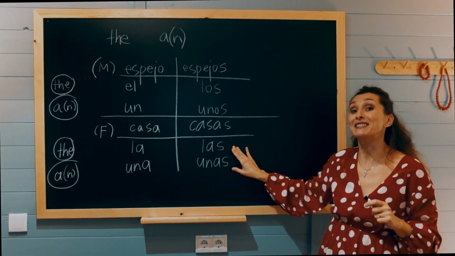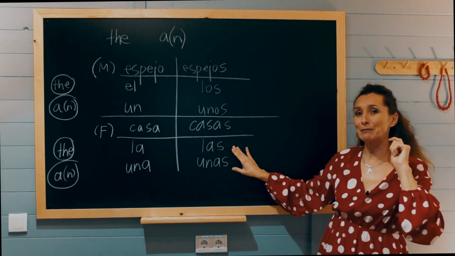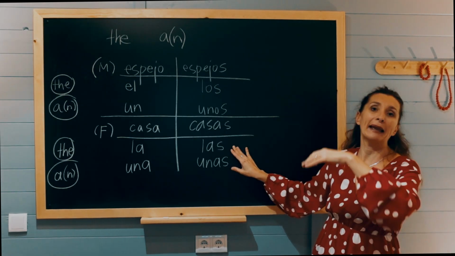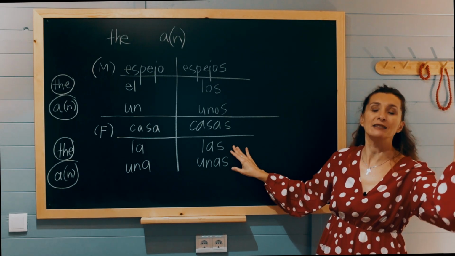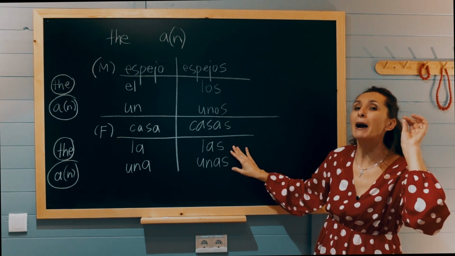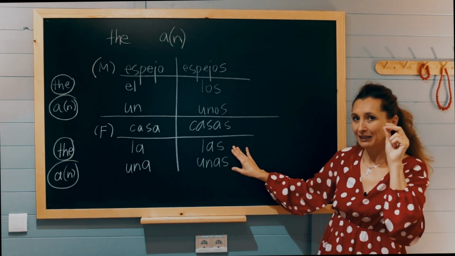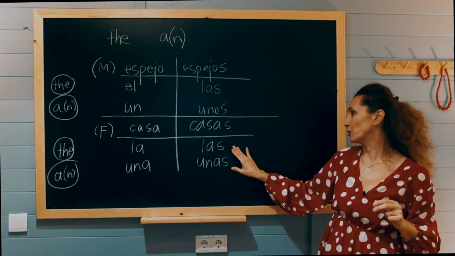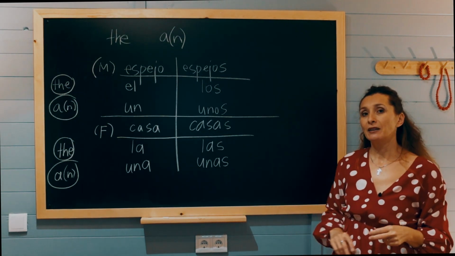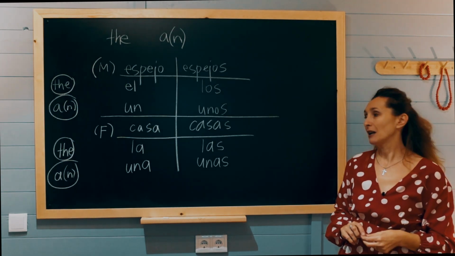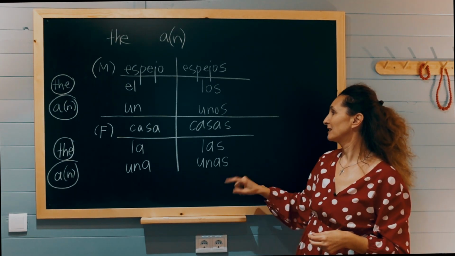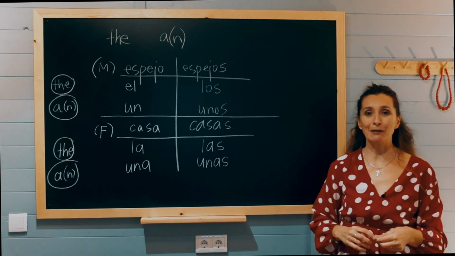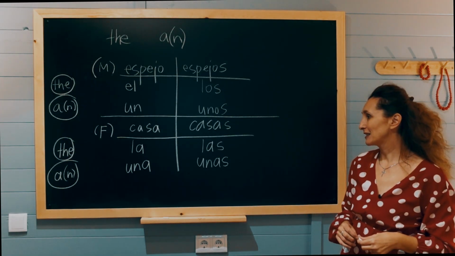My mother's friends, no? Las amigas. I'm not talking just about any friend or friends. No, I'm talking about my mother's friends. I'm defining, saying exactly which friends I'm talking about. So that's why we use the definite article las. Las casas, las amigas, etc.